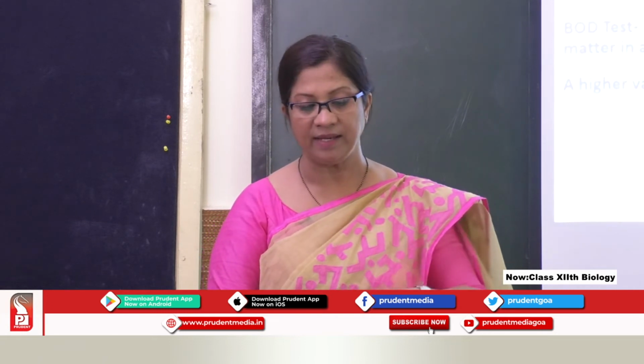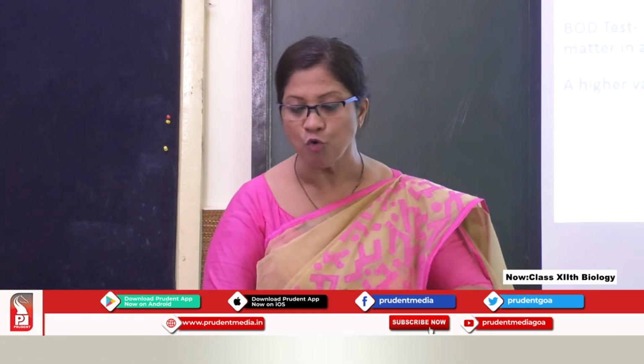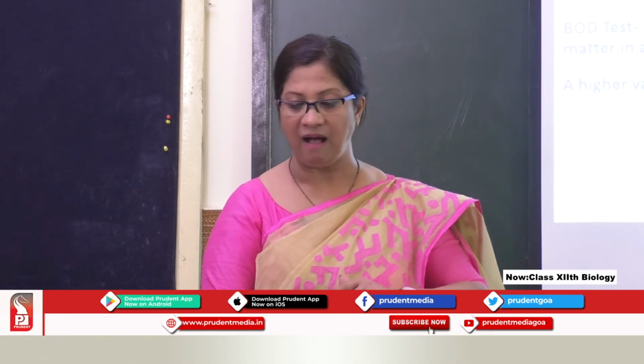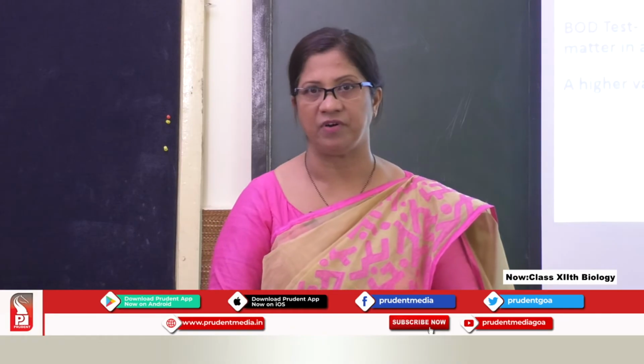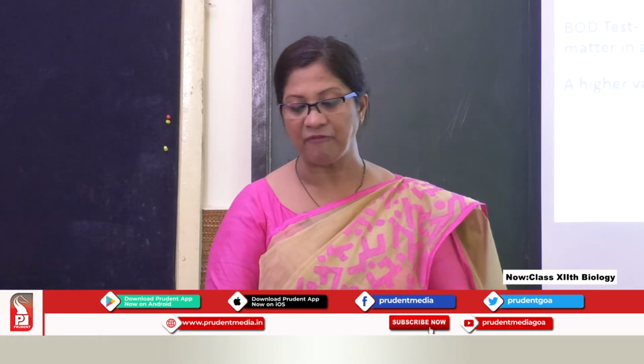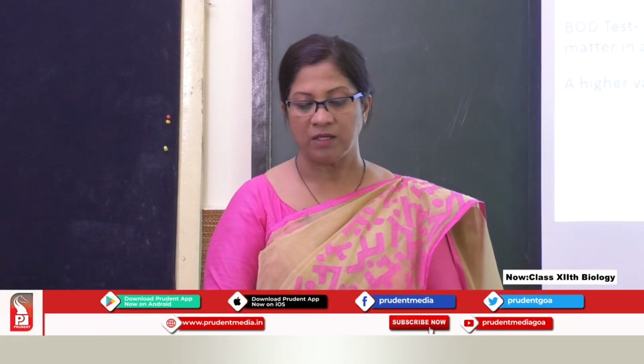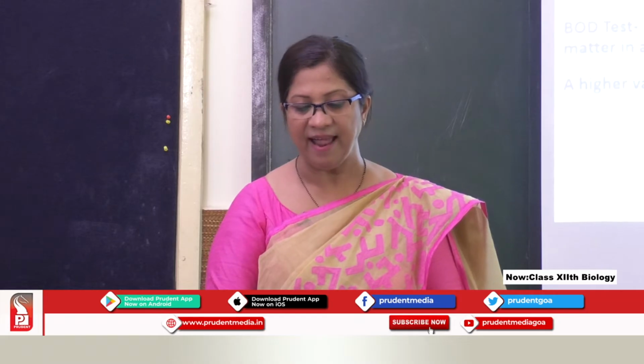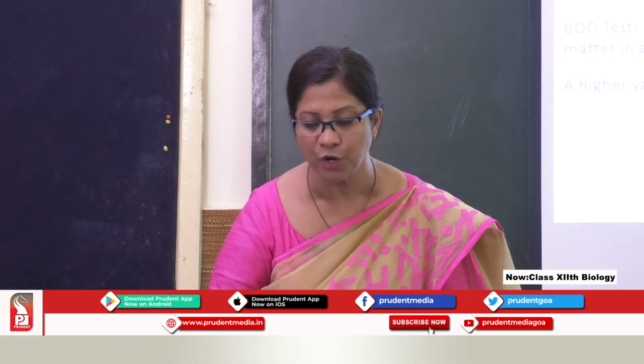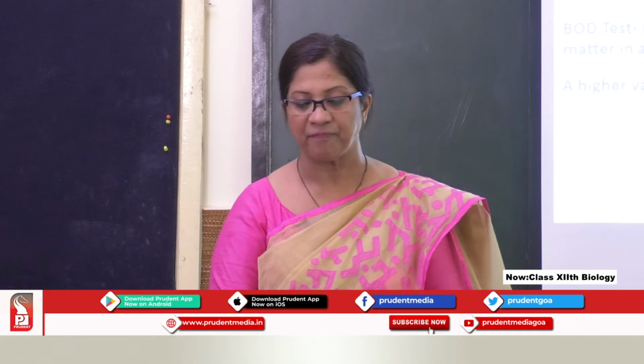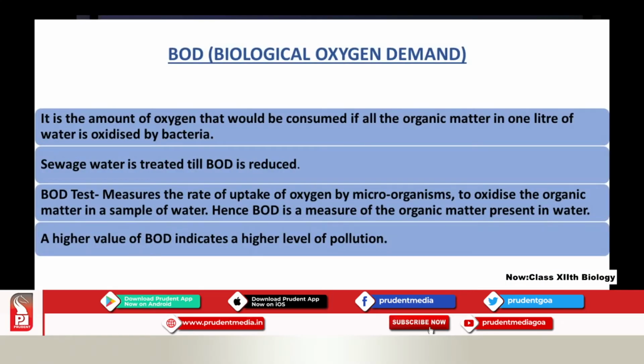So, it is the amount of oxygen that would be consumed by the bacteria if the organic matter is to be converted. Now, this I have taken directly from the textbook. Sewage water is treated till BOD is reduced. Okay. So, the sewage water is treated till the BOD is reduced. This is also directly from the textbook.